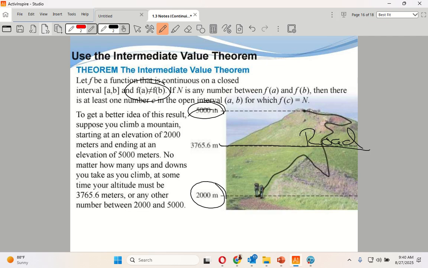I could prove it because we started down here and ended up here. Quite possibly, could the road have wiggled? Could they have started here and ended up like that? Yes. We don't know how many times they crossed the road, but we know they crossed the road at least one time. Does that make sense? Okay, good.